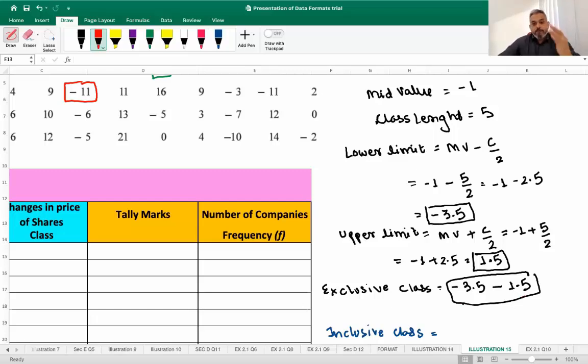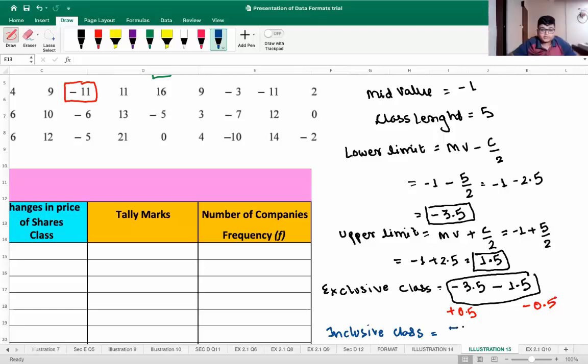But now from exclusive, we want to go to inclusive, so we have to add 0.5 and subtract 0.5. So your class will be -3 to 1.